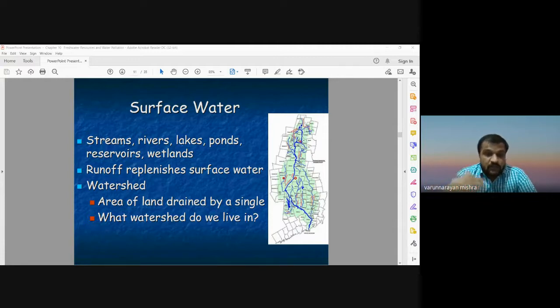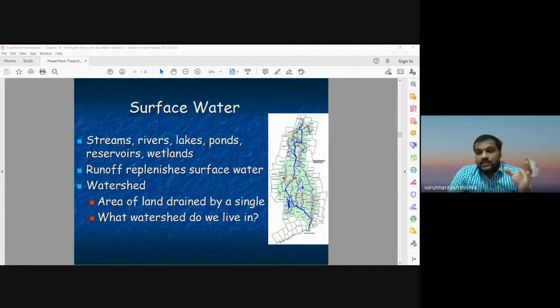Watershed is one of the important factors used to replenish the surface water, and a watershed is considered an area of land that is drained by a single water resource. Each and every river basin, each and every area on the earth has some watershed.